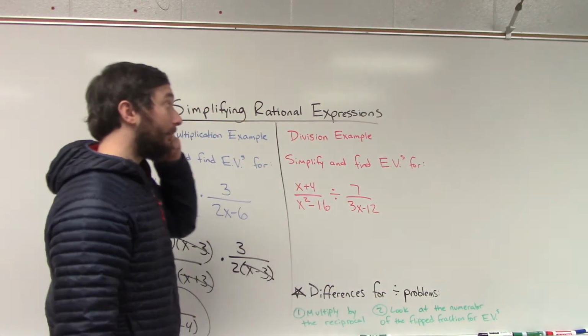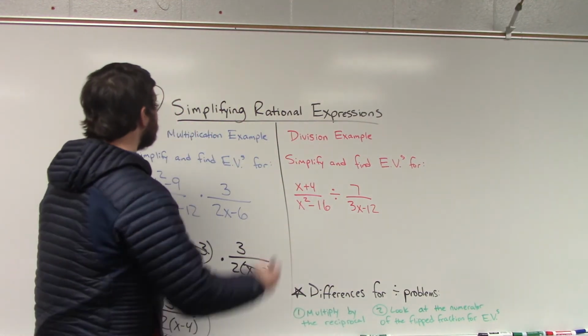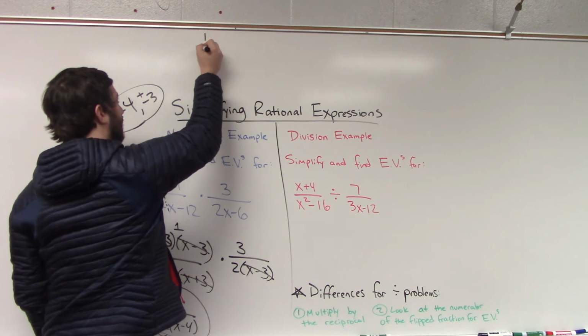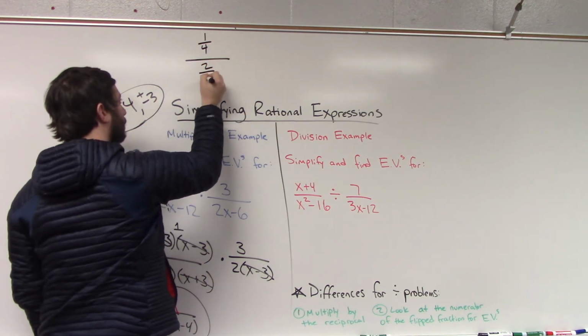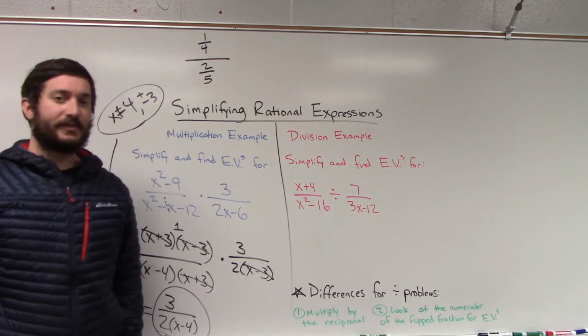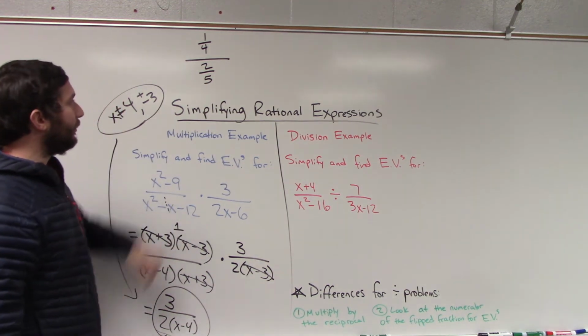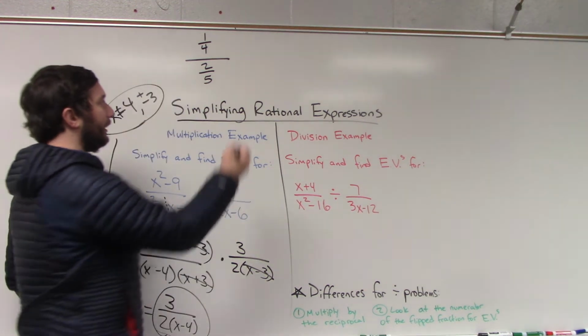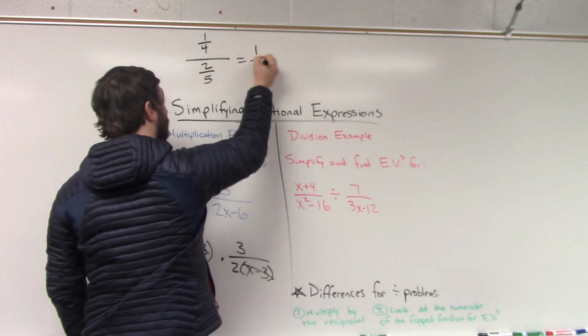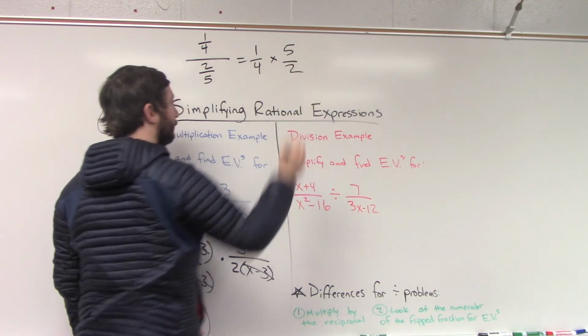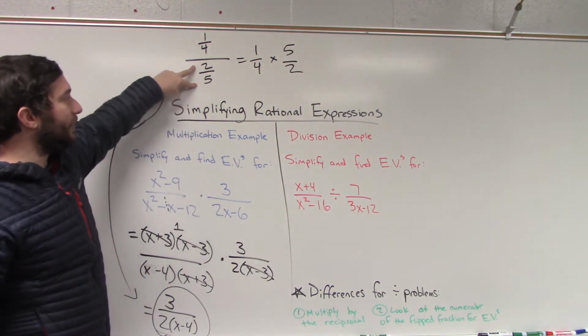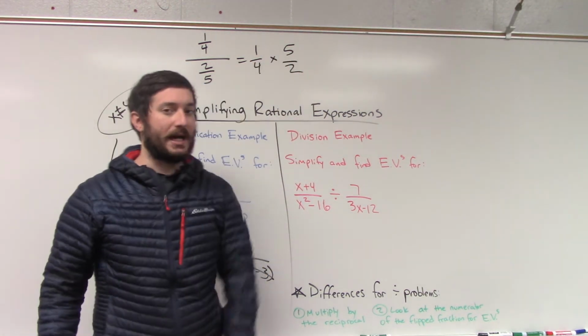So think about how in the past you might have had a problem that looks like this. This is where you would have some fractions, you would divide those fractions, and then that would equal 1 over 4 times 5 over 2, right? You would multiply by the reciprocal. You would flip that bottom fraction upside down.